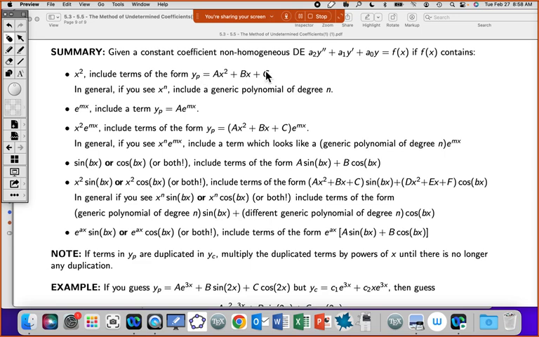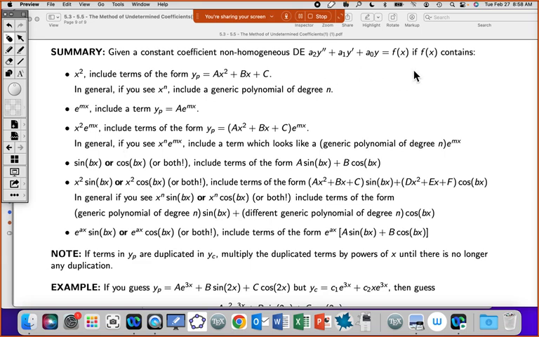But if you understand why this is, if you have a polynomial that's going to go in for your y, the highest power of x is going to come from that y term. As you take derivatives, all the lower powers of x are going to be in play. So if you see an x to the n power, you need a generic polynomial of degree n, and all the powers before it.